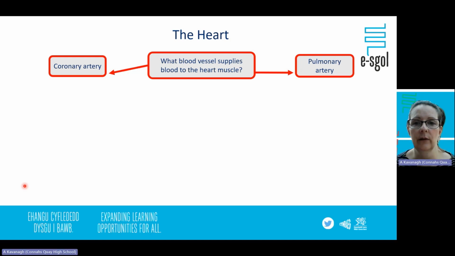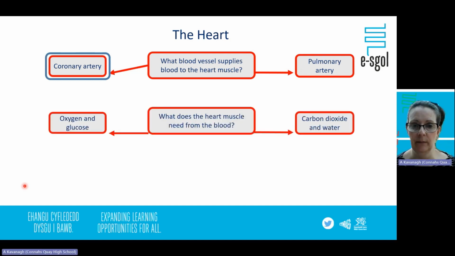Let's have a look. The blood vessel that supplies blood to the heart muscle is the coronary artery. Let's look at our second question. What does the heart muscle need from the blood? Does it need oxygen and glucose or carbon dioxide and water? Again, pause the film.